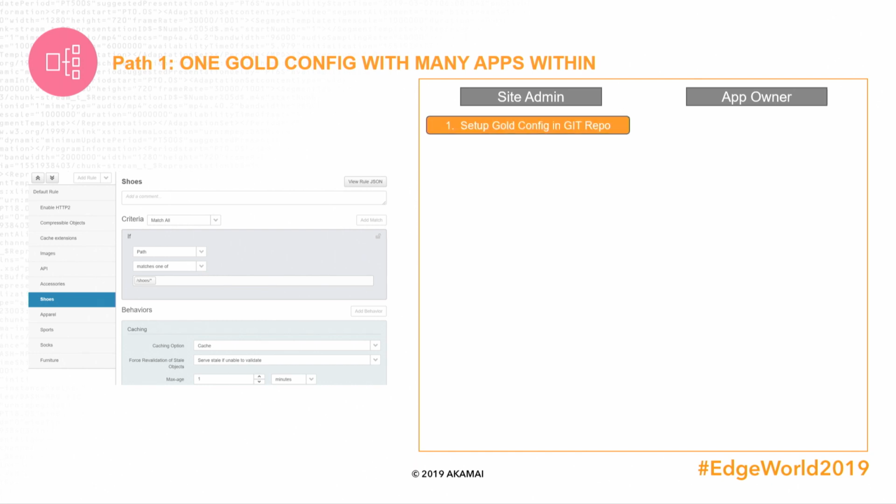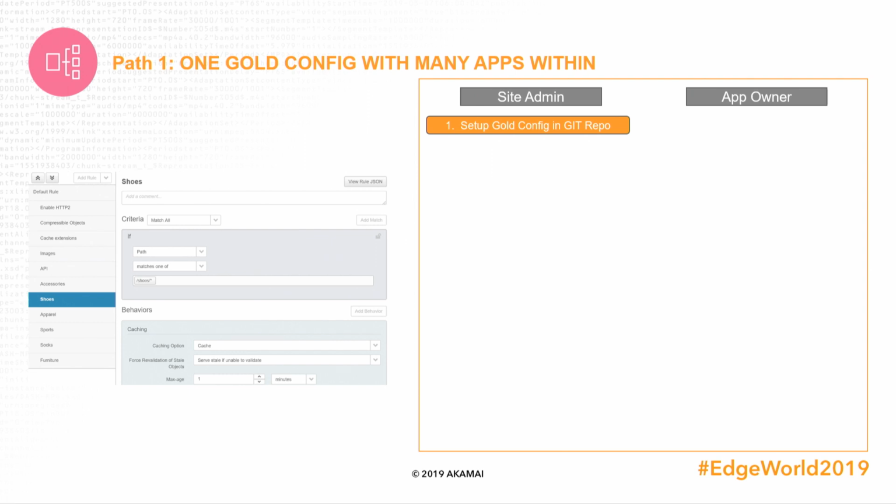The way it would typically work, in the context of a golden config, is that you have your site admin and you have an app owner. In this case, consider I own this entire Akamai golden config. I'm the Akamai expert in the organization. And now I also have all of these different app owners who want to get onto Akamai and make their tweaks around apps that are specific to them.